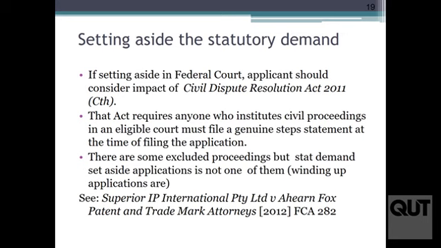And this is a bit onerous in this case, particularly when you only have 21 days to apply to the court. Some types of procedures are excluded from this rule under that act, but setting aside a statutory demand is not one of them. So you need to make an attempt, if you're the company, to settle the dispute with the creditor around that demand. And the case on point for this is the final case on your PowerPoint, Superior IP International.